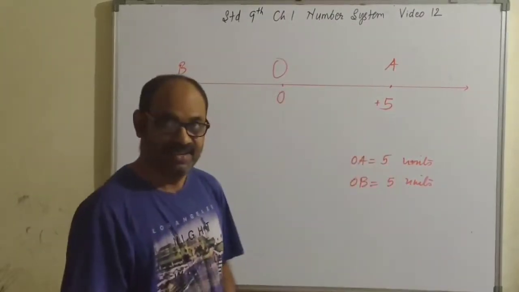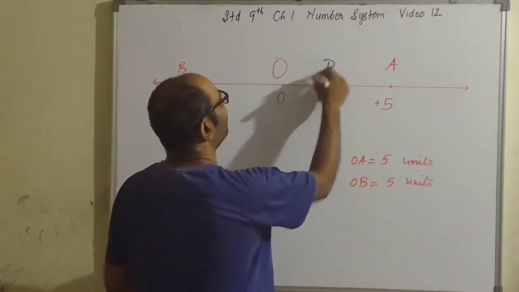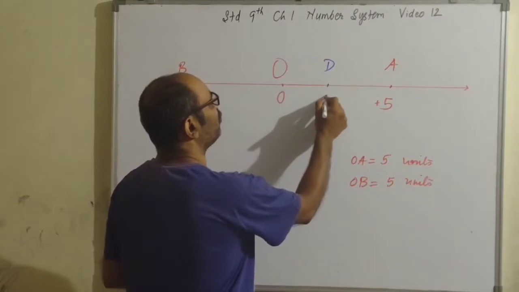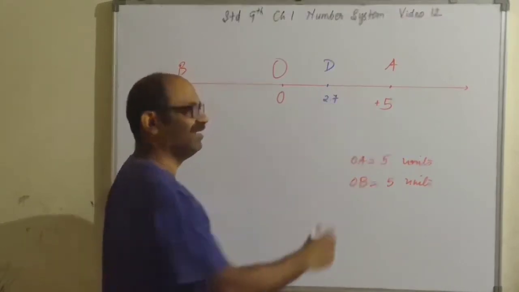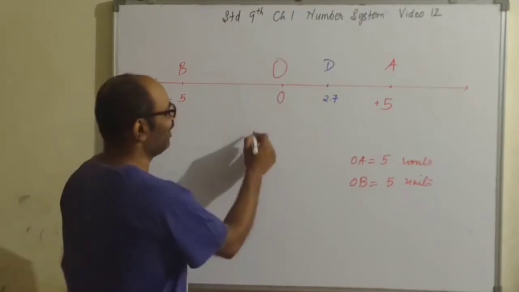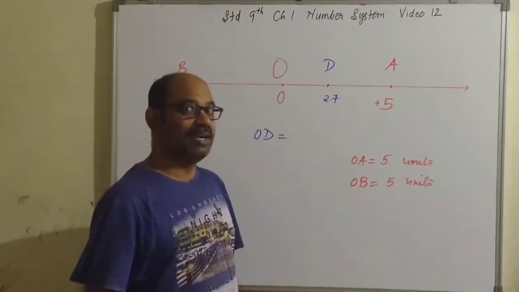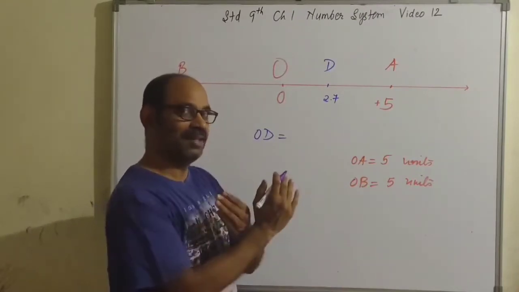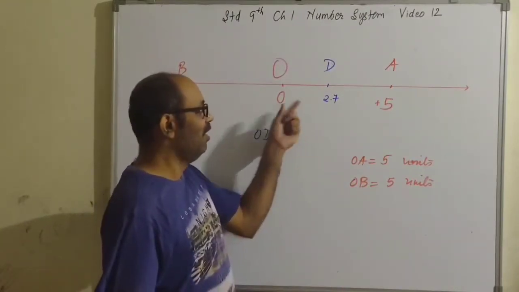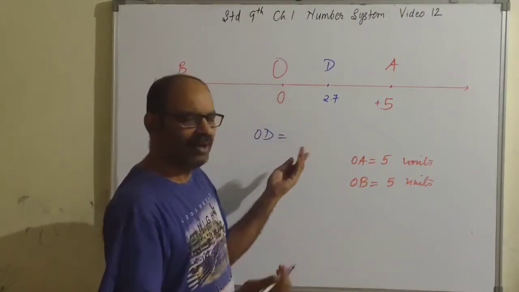Did you understand? Now see, there is a point D here. The number corresponding to it is 2.7. Then can you tell me what is the distance OD? I am talking about the converse thing now. Well, this is origin. So 2.7 minus 0 is 2.7.